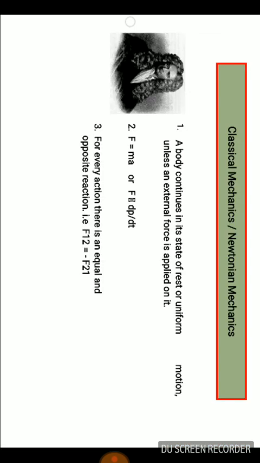Now initially in Newtonian mechanics there are three laws, called Newton's laws. The first law says that a body continues in its state of rest or uniform motion unless an external force is applied on it.